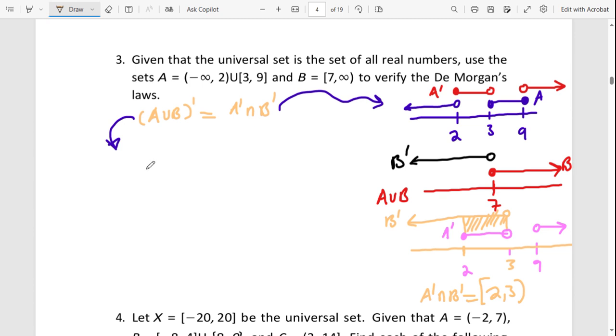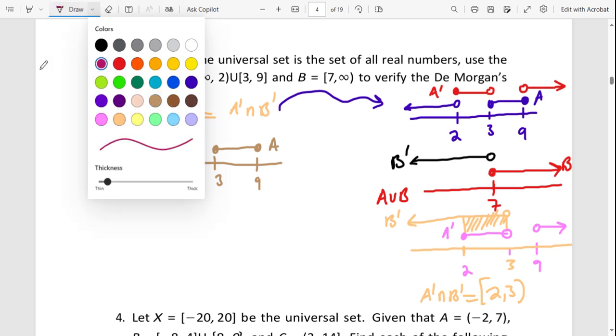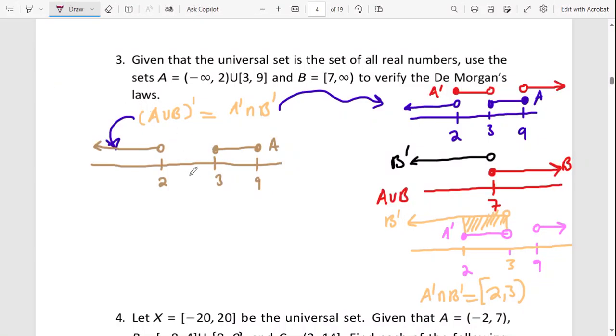So A union B complement. Let's start with A union B. The set A, as we said already, is 2 going to this side, and then 3 to 9. So that's the set A. We want where it is meeting the set B, which is 7 to infinity.